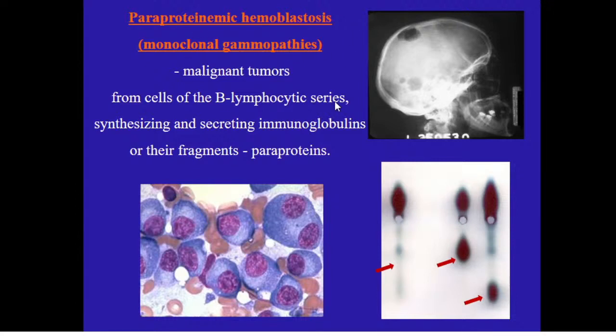These tumors, for example multiple myeloma, are located in red bone marrow, and due to this, in patients with such tumors, during X-ray examination of the flat bones, it is possible to find circular points, circles of disintegration of bone tissue. It's a very characteristic symptom for these diseases.